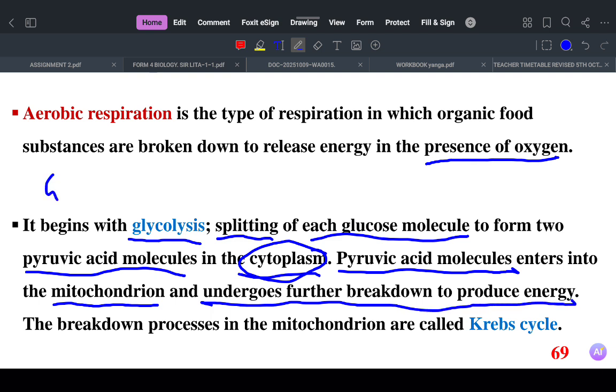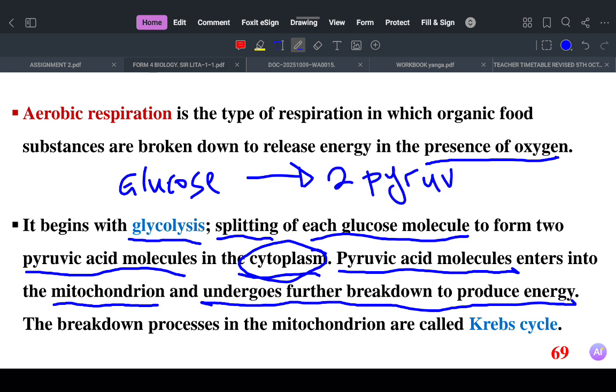So we are saying one glucose molecule splits into, breaks into two pyruvic acid molecules. These then are broken down further to produce energy.